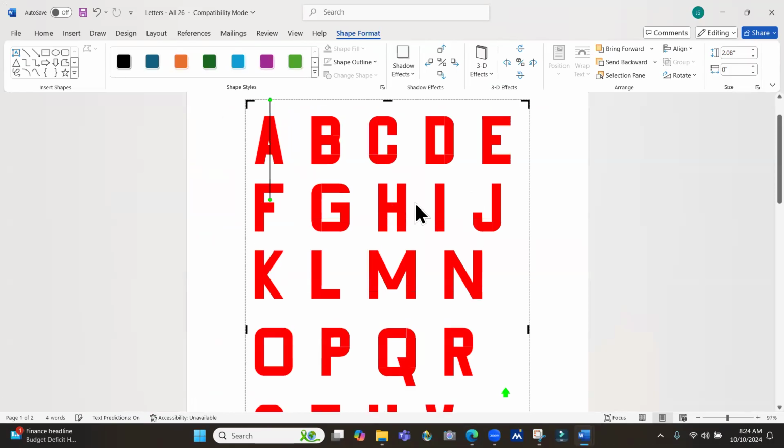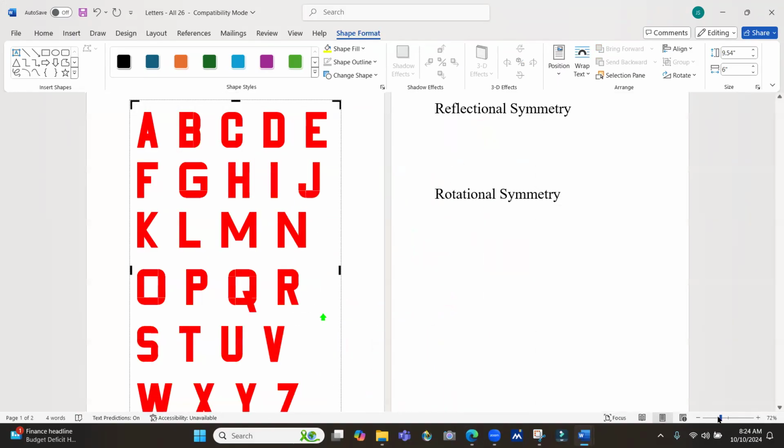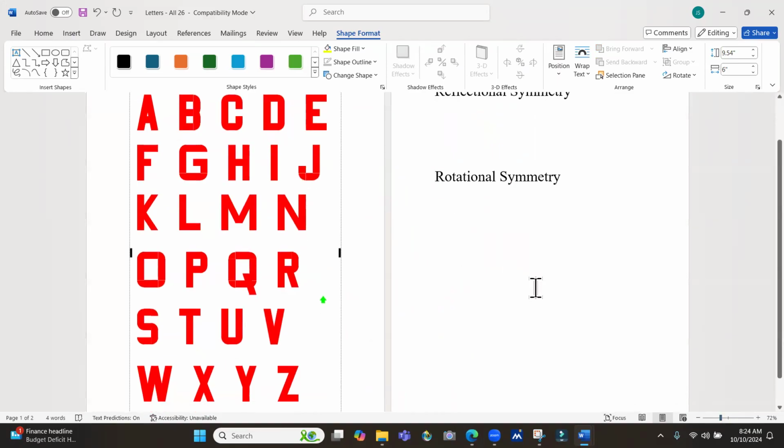Okay. Now, what other examples do we have? Can anybody give us an example of a letter that doesn't have a reflectional or rotational symmetry? What do you think, guys? Anyone? L. Good. Very good.